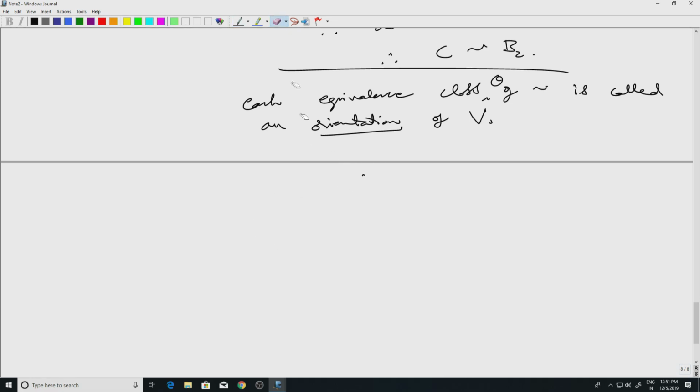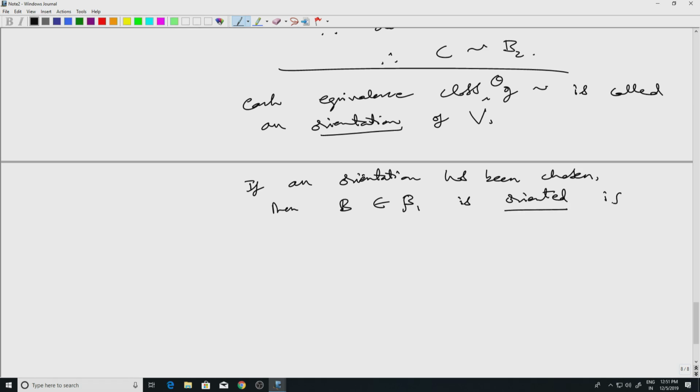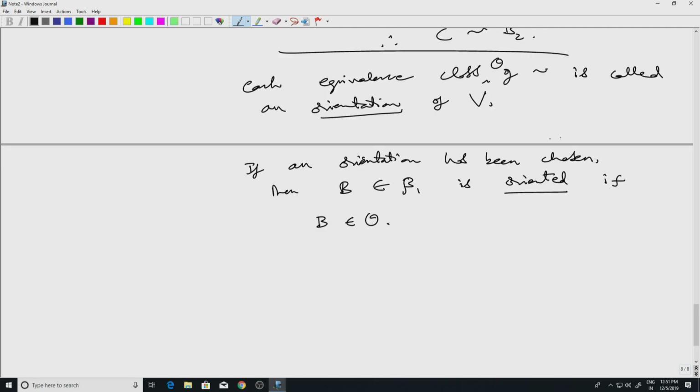If an orientation O has been chosen, then any basis B is said to be oriented if B belongs to O. So if B lies in that equivalence class which we have chosen, then we call it oriented.